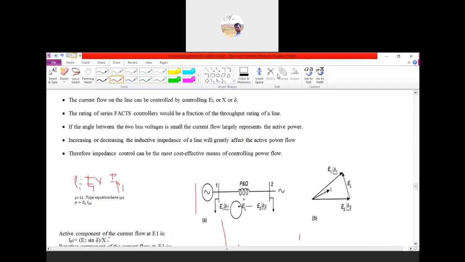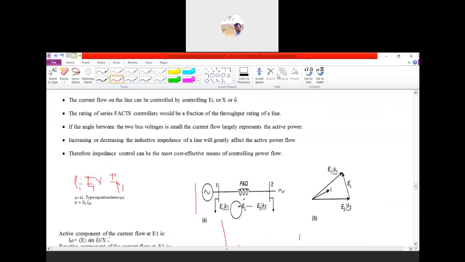Whatever the E1 and E2 are in this transmission line, they will vary with the x value. If we want to increase the power in the transmission line, we vary the angle delta as well as the impedance.